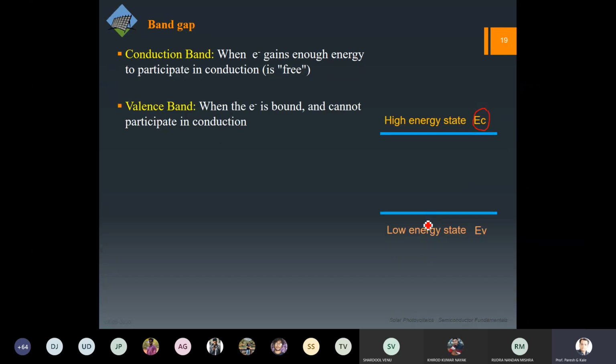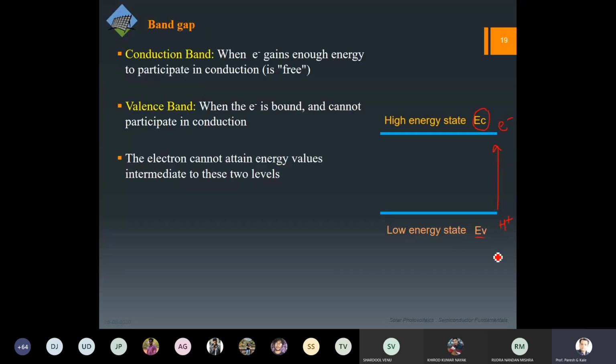Here the electron was earlier bound, but it has gained some energy to move to the higher energy side. So suppose some electron moves up, then obviously a hole has to be created here. This is a lower energy state. We call it EV.